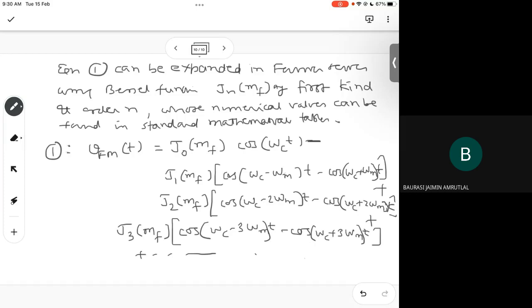But as I said, the widest bandwidth possible is defined by your worst case modulation index, which is the deviation ratio. It requires a large transmission bandwidth, which is a disadvantage, because the system design becomes more complex.